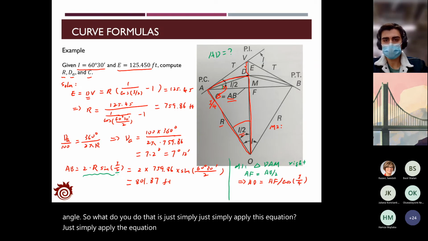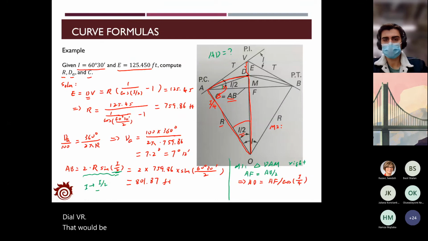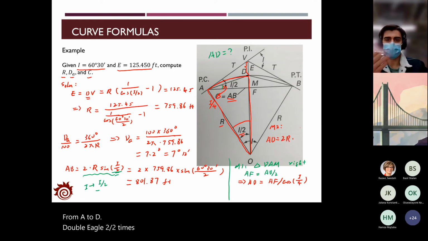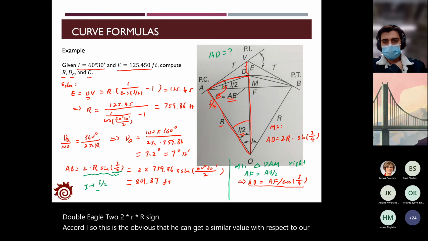But here you need to change I to half I, which means that in the sine function that would be a quarter I. So for A to D, the length will equal 2 times r times sine of a quarter I. With that you can get a similar value to the first method.